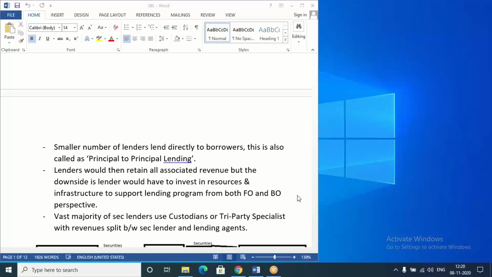Whatever revenue is generated from lending the securities is split between the lender and the lending agent.